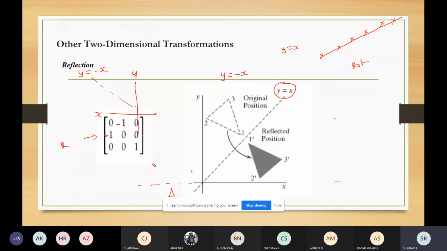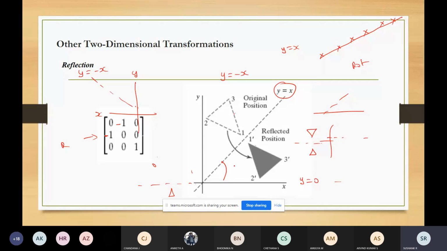How to do that: for this line, first rotate such that the line will become y is equal to 0. So this line will come like this, and the image will be like this. After that, do the reflection, which means it will go to the left hand side. It will be like this. After that, again rotate this by this much.